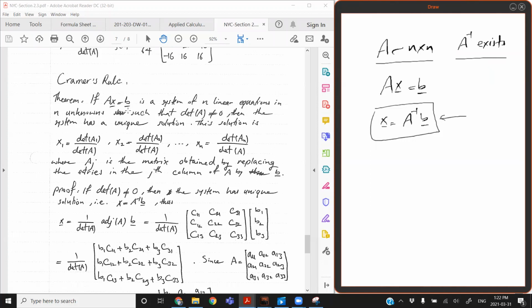If AX equals B is a system of n linear equations in n unknowns, in other words, if it's a square system with the same number of unknowns as equations, such that the determinant of A is not zero, so A must be invertible, the matrix of coefficients must be invertible, then the system has a unique solution, and this solution is going to be x1 equals determinant of A1 over determinant of A, x2 equals determinant of A2 over determinant of A, all the way to xn equals determinant of An over determinant of A. So determinant of A, I'm sure you know what that is.